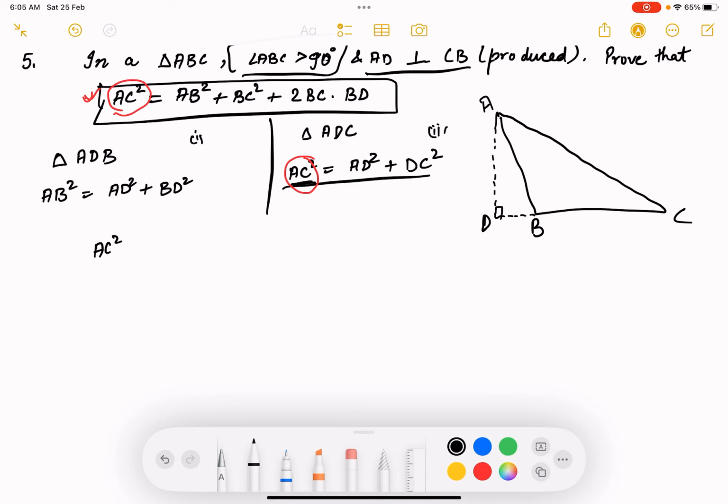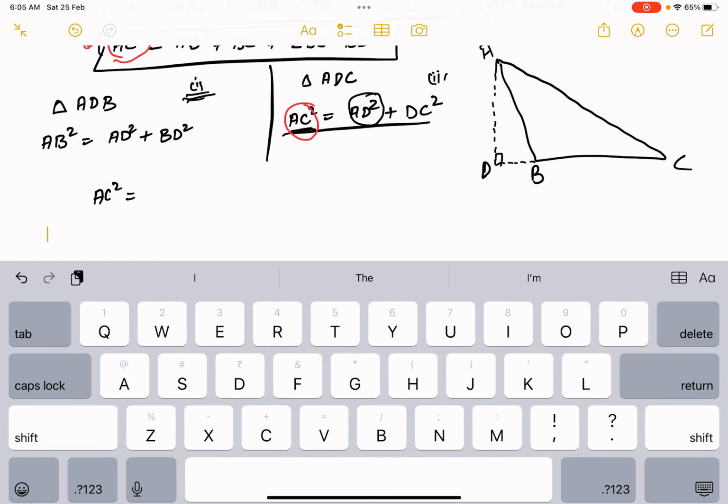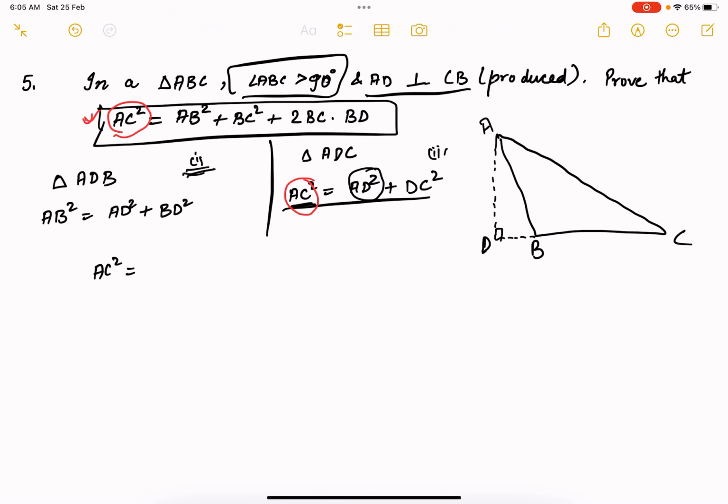So we have AC square is equal to AD square plus DC square. Let's substitute AD square from equation 1, which is AB square minus BD square. So again we got AB square in the final result.